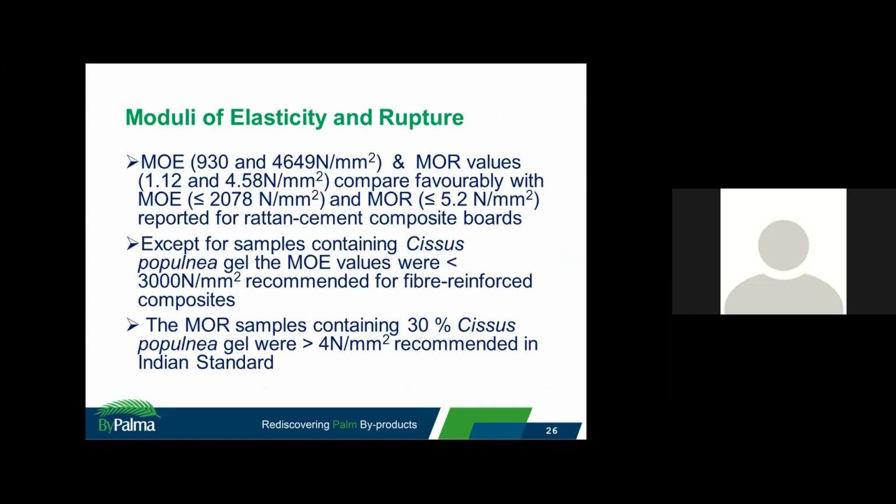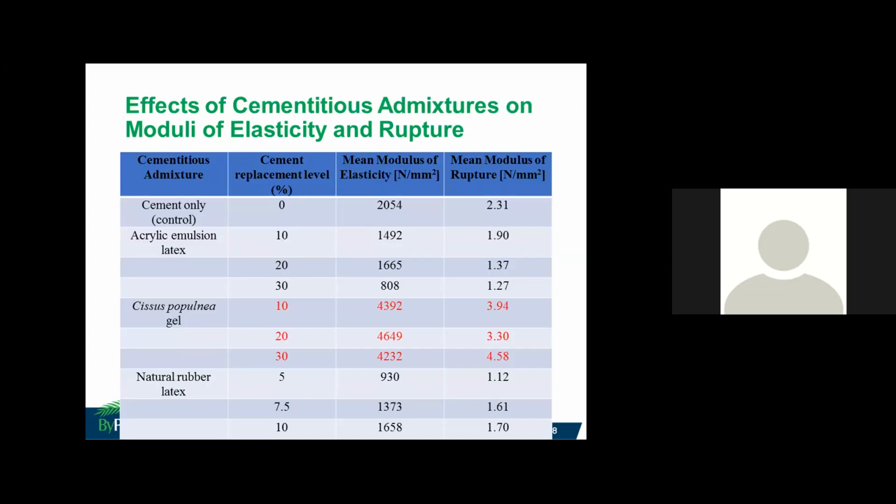Now, in terms of the stiffness of the material as measured by modulus of elasticity and the bending strength as measured by modulus of rupture, we can see that the values were quite low. For MOE, the values were, as you can see, for all the samples except the ones containing Cissus populnea, less than 3,000.